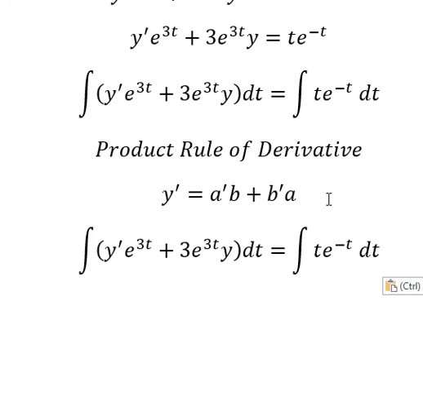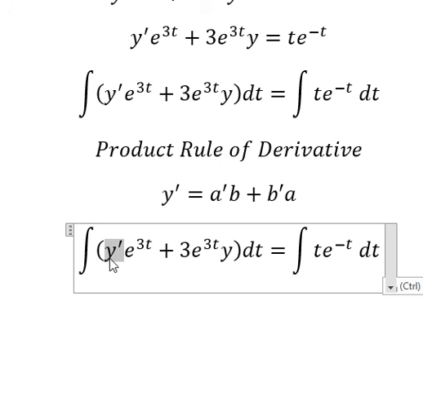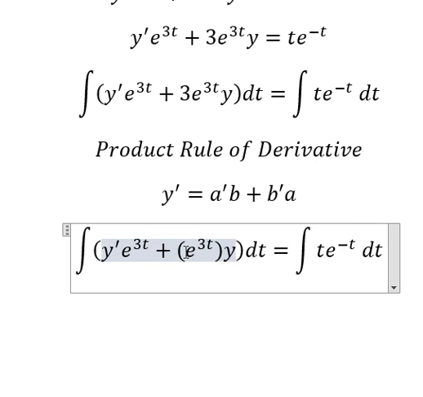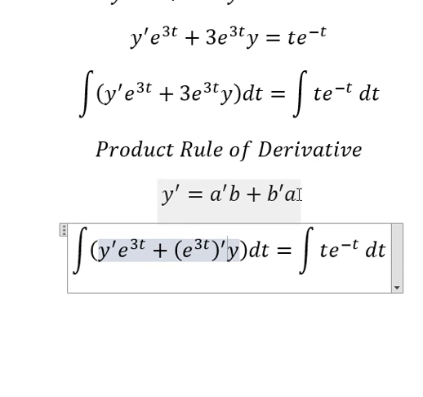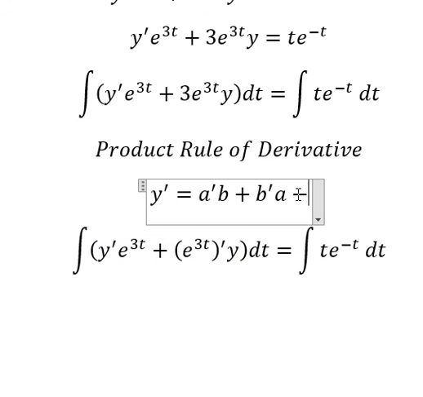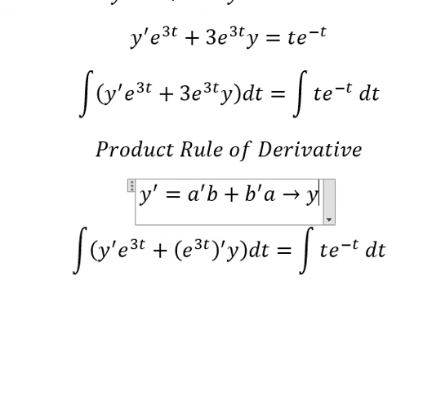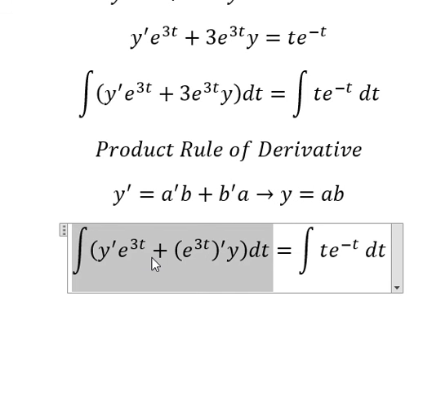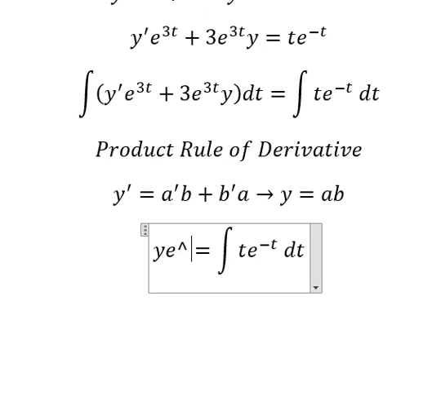So this one is the first derivative of a multiplied by b. This one is the first derivative of b multiplied by a. So the integration of this one, we have y equals ab. So the integration of that one, we have y e to the power of 3t.